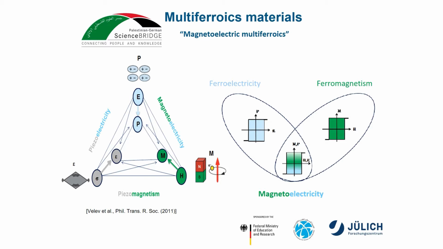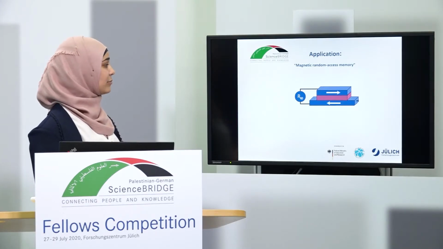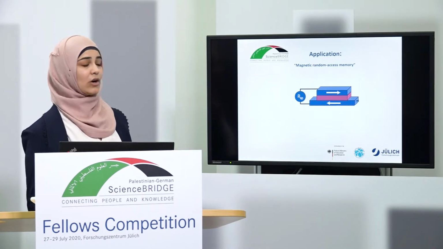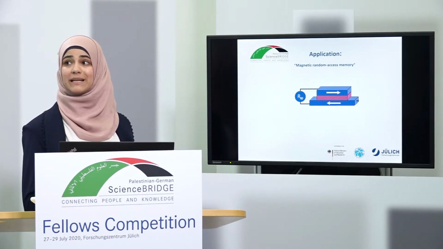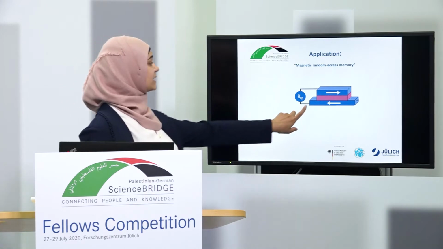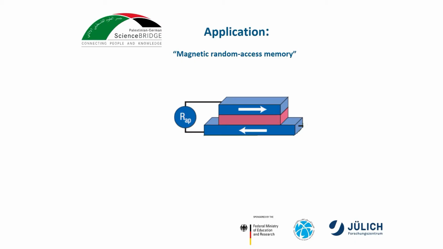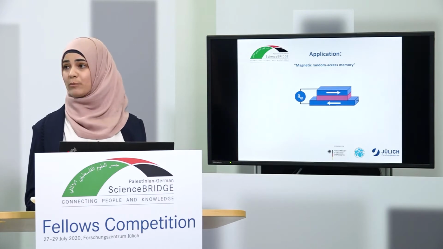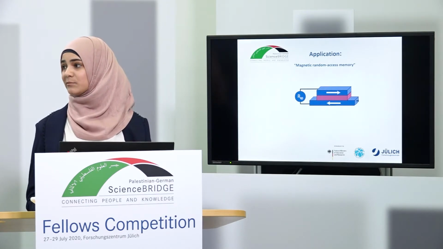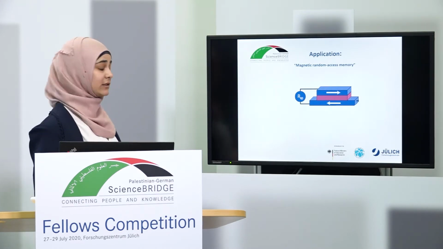As an application, we encode information as binary bits by the magnetization of these two blue layers, either 1 or 0, parallel or antiparallel. We do this remagnetization by applying current. But the current causes two problems: power consumption, but also heat.